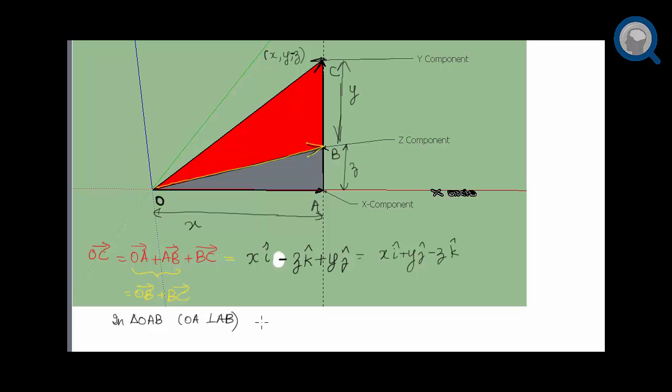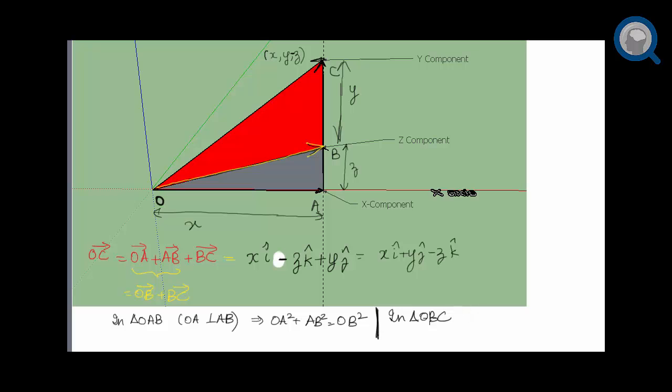So we can say OA square plus AB square is equal to OB square. Okay, and also we have one more triangle which is triangle OBC, the red triangle.